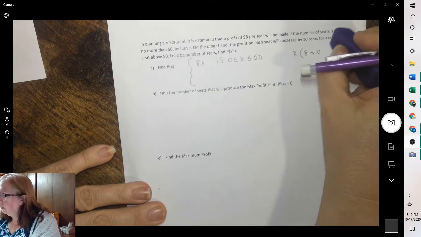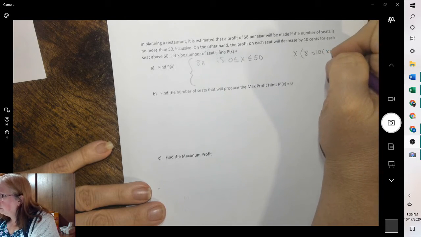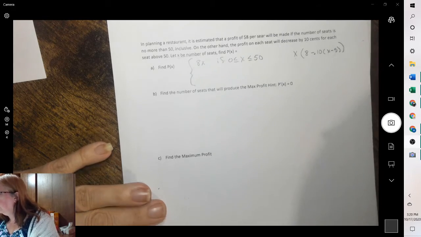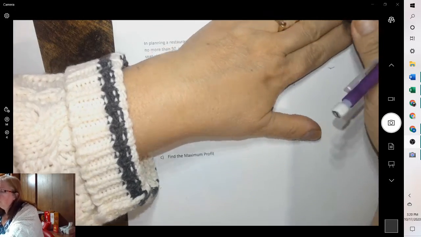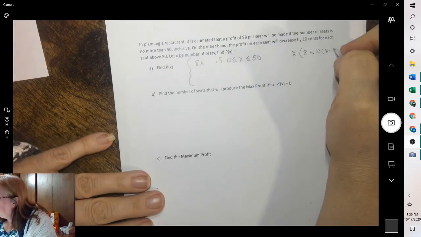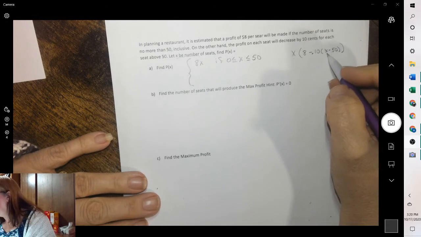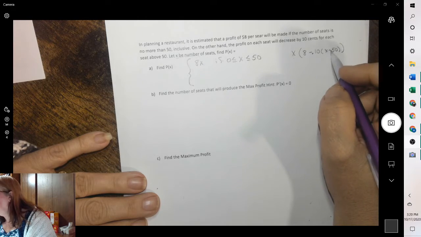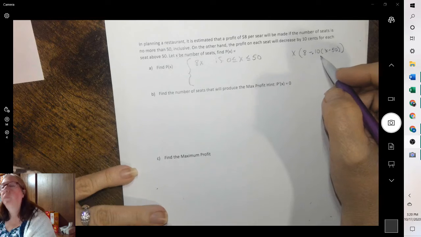If x is the number of seats, x minus 50 will give us the amount over 50. So if we had 52 seats, 2 of them would be over. So we take 2 times the 10 cents, and we'd subtract 20 cents per seat.